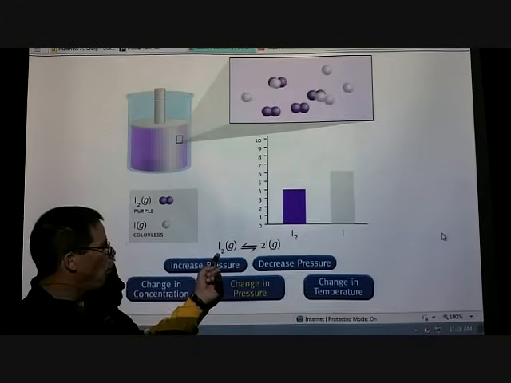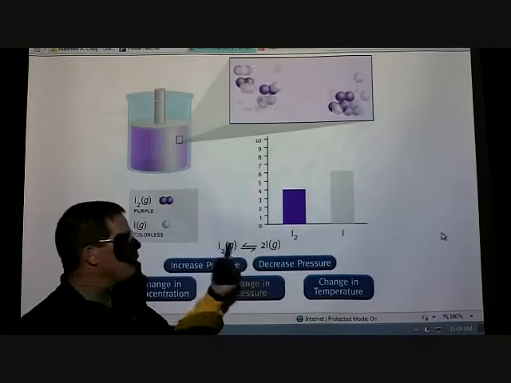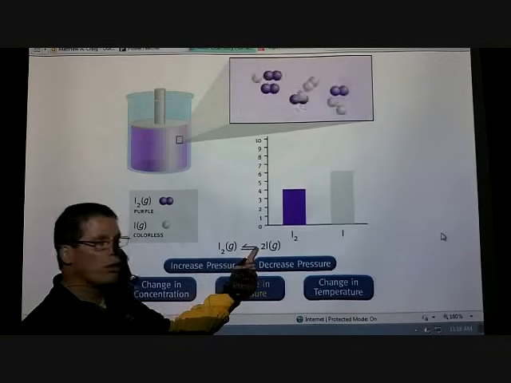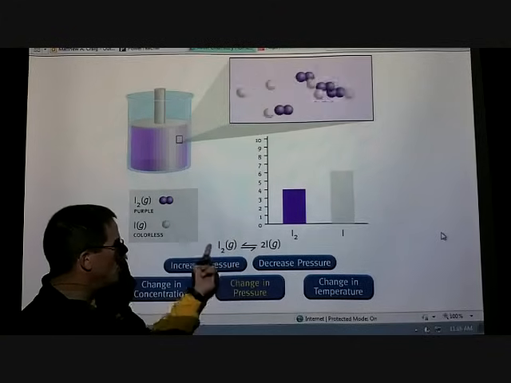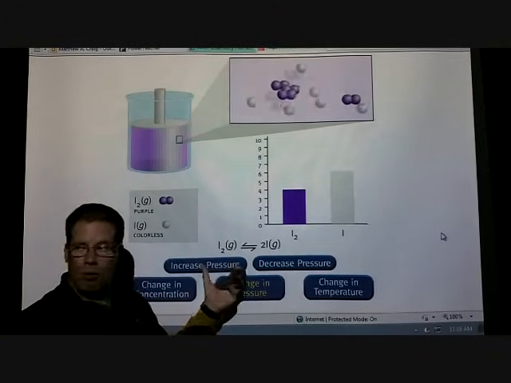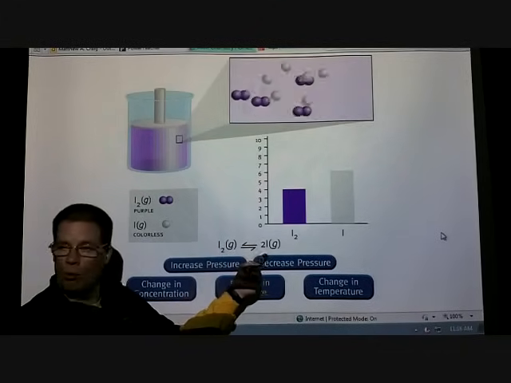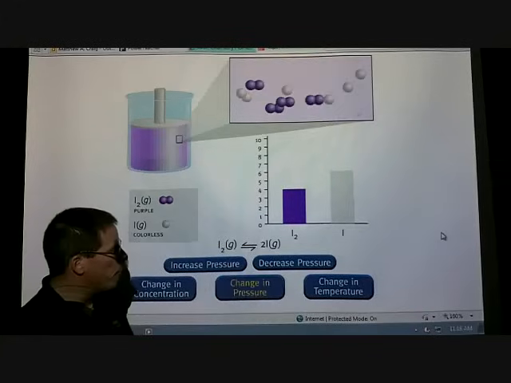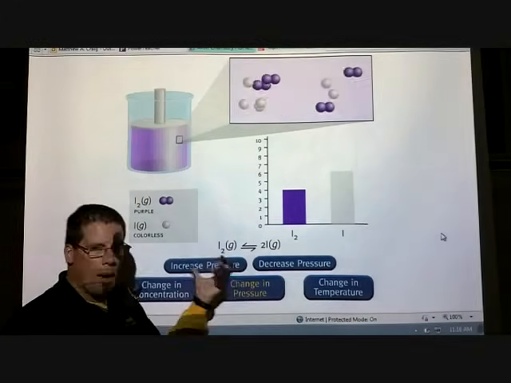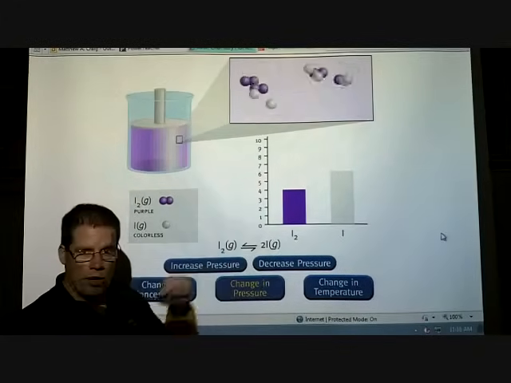What we have here is one molecule changing into two particles. So on the left side, if I were to ask you how many moles we had, we'd have 1 mole of particles on this side and 2 moles of particles on the product side. All right, so in the balanced equation, it's a 1-to-2 ratio.